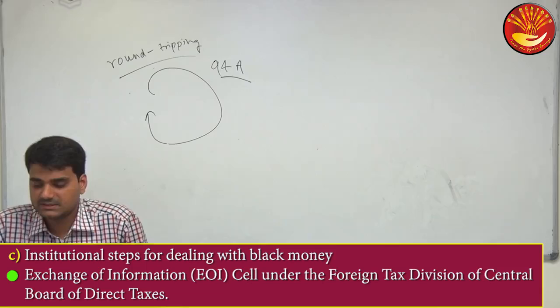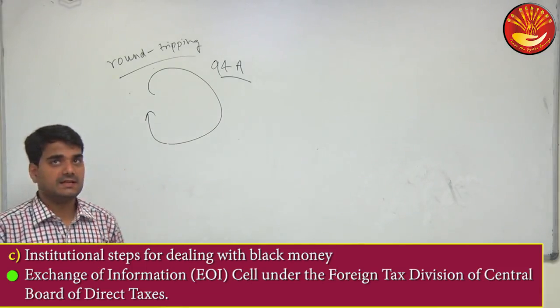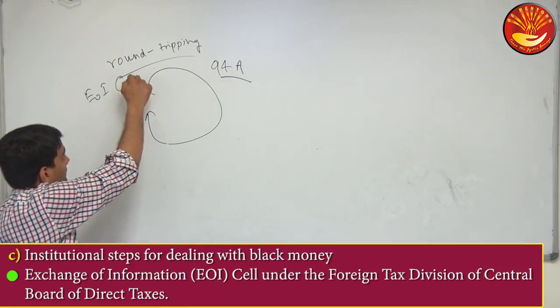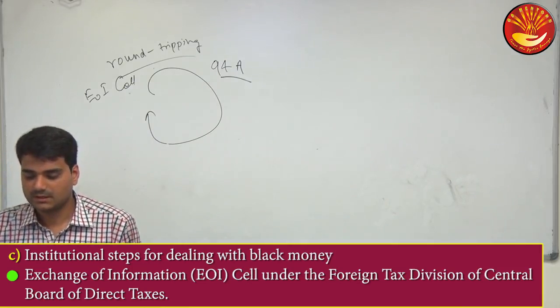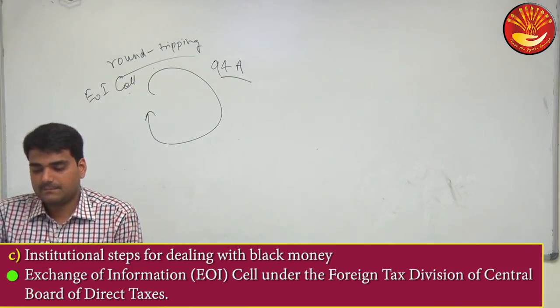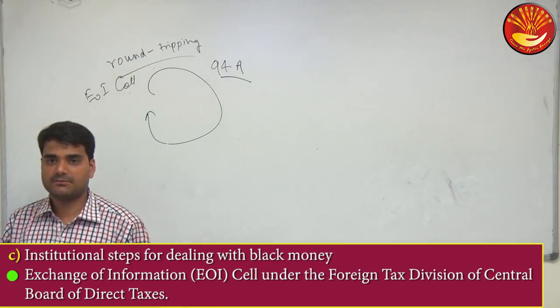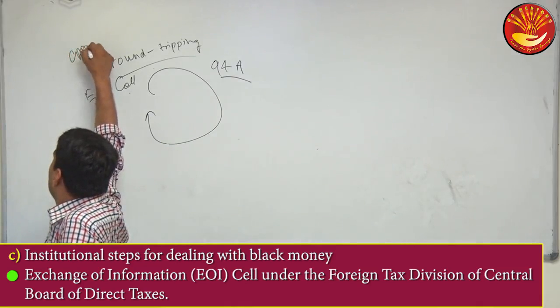Write down, the first one is Exchange of Information Cell, EOI cell, under the Foreign Tax Division of CBDT. CBDT is Central Board of Direct Taxes.